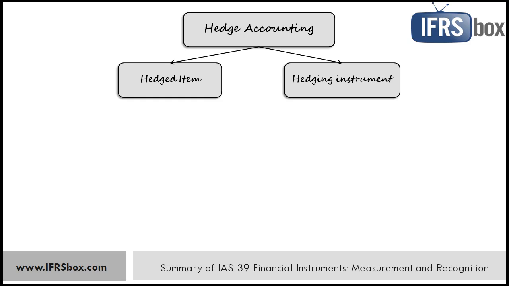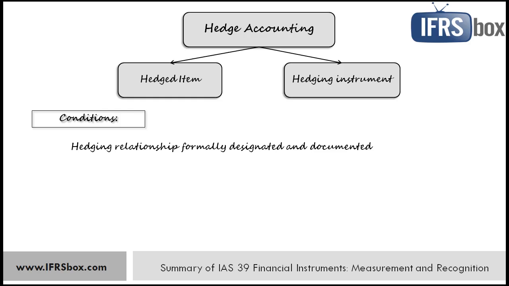In order to apply hedge accounting, IAS 39 requires the following conditions to be met. The hedging relationship is at its inception formally designated and documented, together with the entity's risk management objective and strategy for undertaking the hedge. The hedge is expected to be highly effective in achieving offsetting changes in fair value or cash flows attributable to the hedged risks, consistently with the documentation.